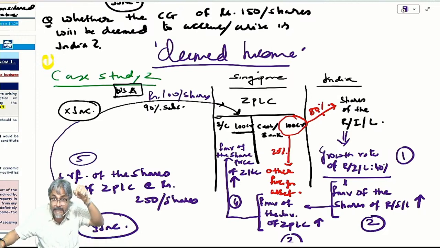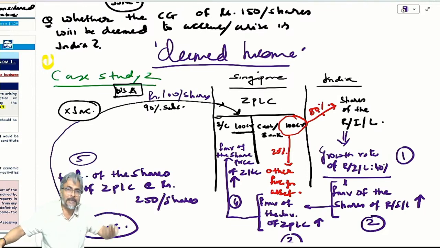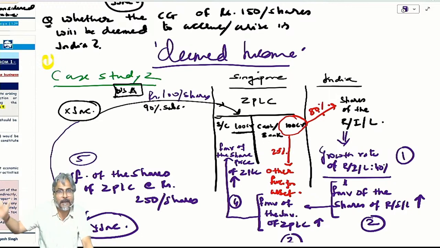But you are traveling in section 9. What is section 9? Income deemed to accrue or arise in India. And if income is deemed to accrue or arise in India, a deeming provision has to be interpreted in a very, very strict manner.